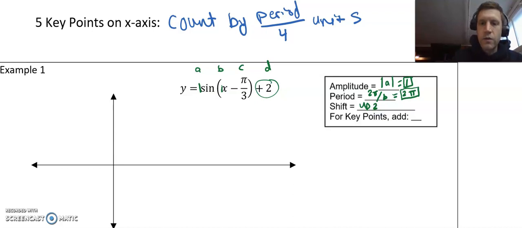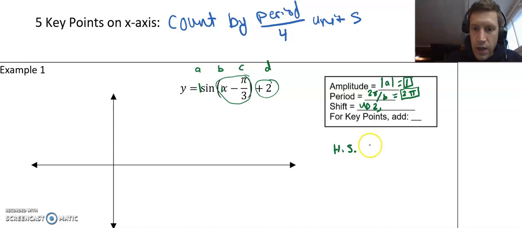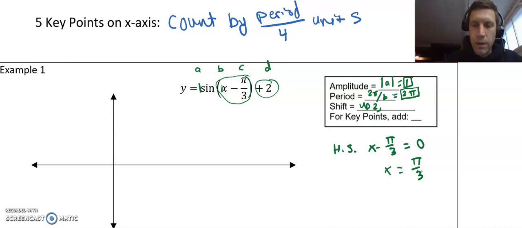And then for the horizontal shifting, I'm going to put a comma here because I am going to have a horizontal shift. I'm going to take this entire set of parentheses. So HS means horizontal shift. X minus pi over 3, set it equal to 0, solve for x. So adding that fraction, we get pi over 3.